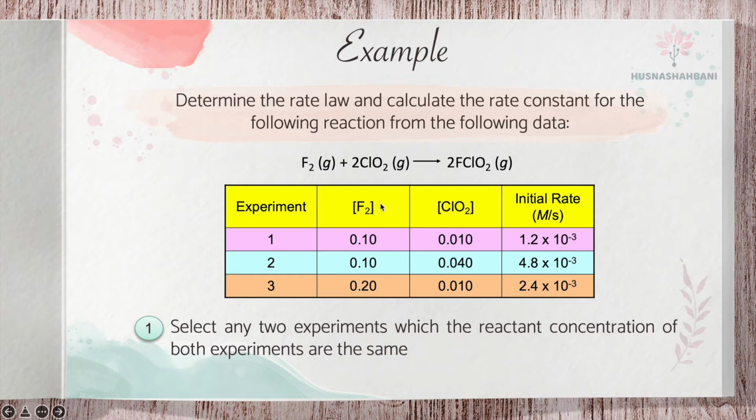So we already have the power for F2. So now we need to find the power of ClO2, which is y value. So in order to find the y value, you have to cancel out the F2. If you want to cancel out the F2, select two experiments which F2 have the same concentration, which is experiment 2 and experiment 1.